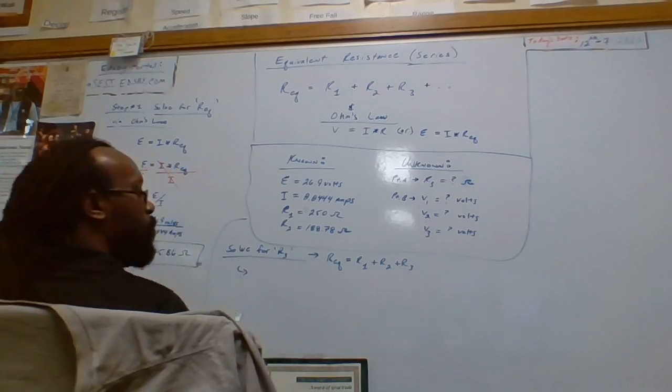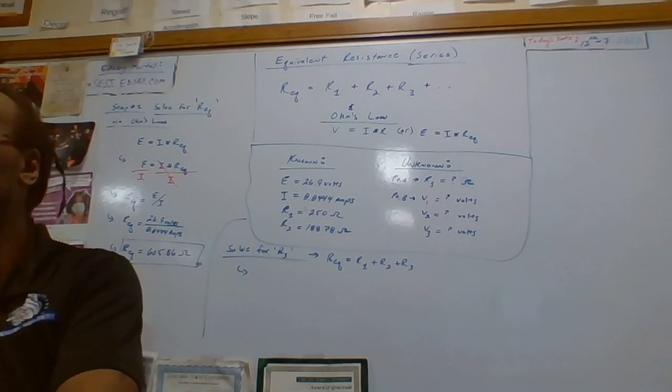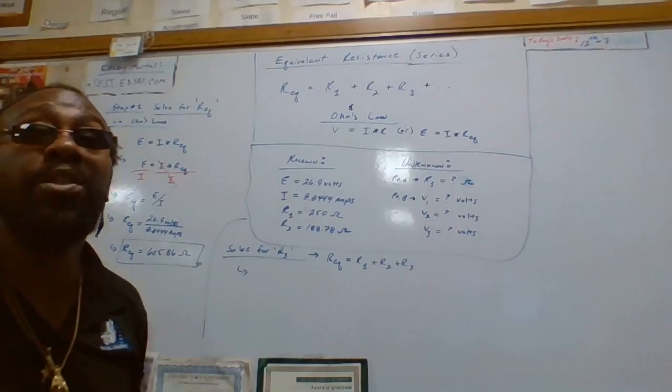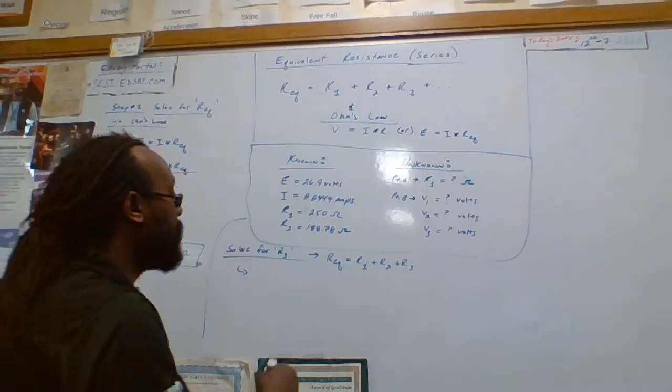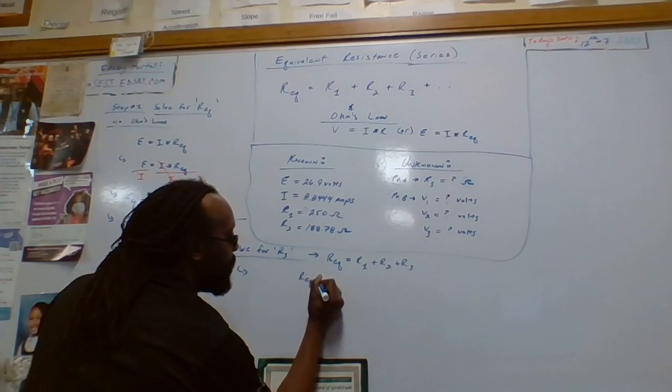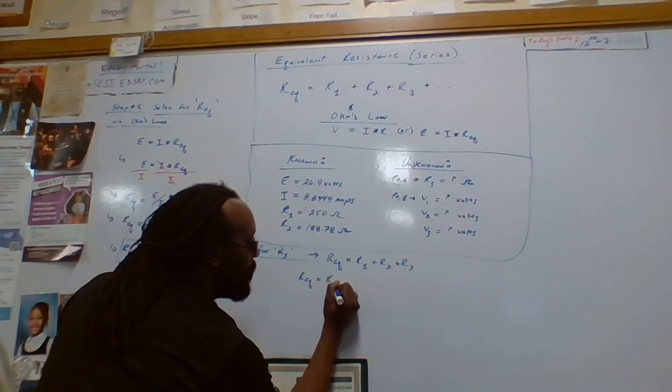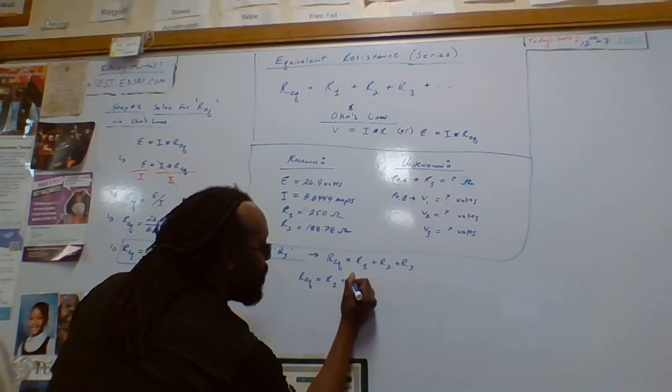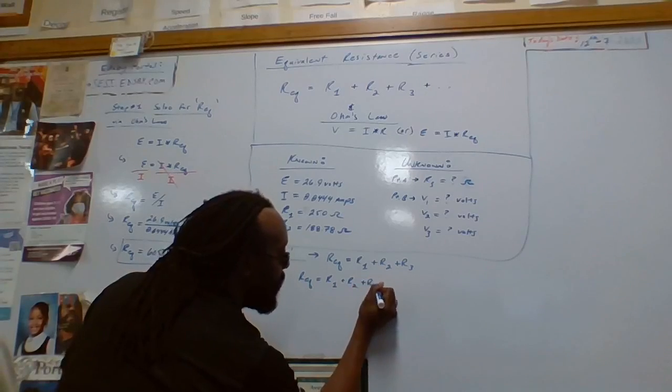Continue on. We've got to get R3 by itself now using algebra again. So this is a super algebra problem, basically. So let's do that. I'm going to rewrite it. REQ is equal to R1 plus R2 plus R3, right?